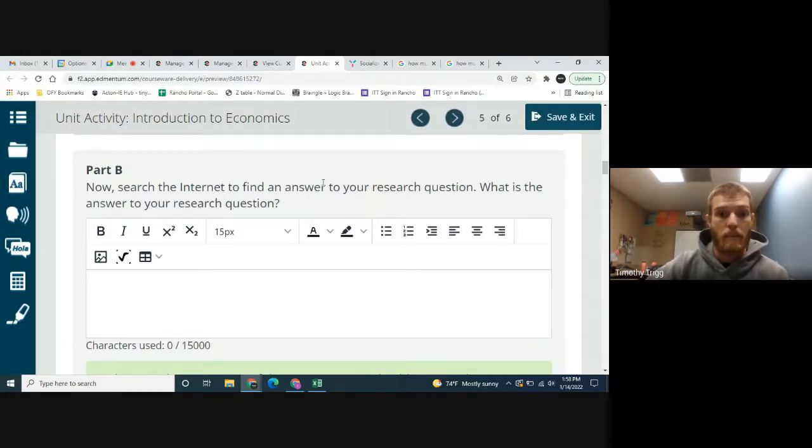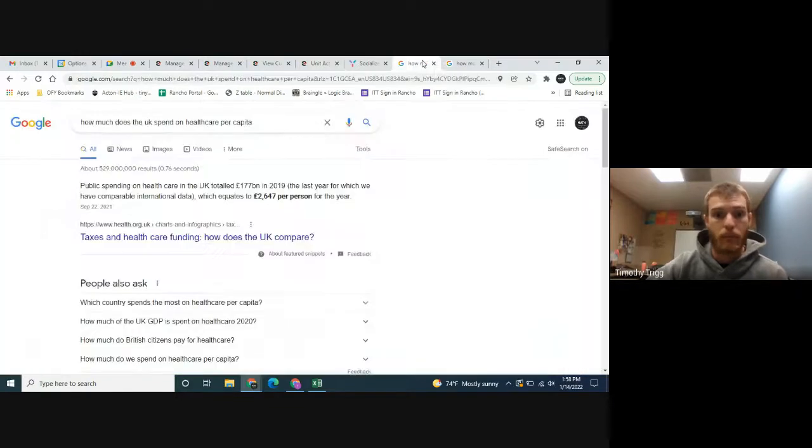For the UK, you could see that for the average person, I see right here, this is actually for 2019, so I don't have 2020's numbers. But you can see 2,647 pounds per person. Okay, so I know it's not dollars, these are pounds, but actually that's much, much lower per person.